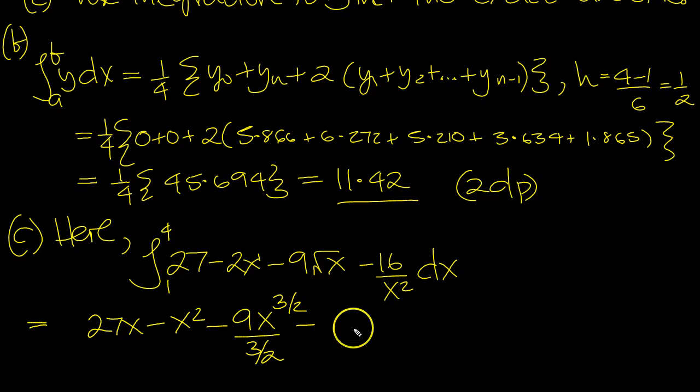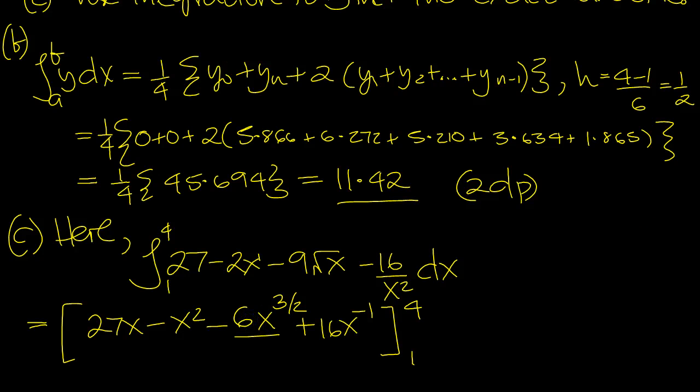Minus, and then it's 16, raise the power by 1, that's x to the minus 2, goes to x to the minus 1, over minus 1. We'll make that a plus. So that needs to be worked out between 1 and 4. Here, the 3's will cancel. 3 goes into 9, 3 times, and the 2 will swing up to the top. 2 3's are 6. So I'm going to change these numbers and put 6 now in here.